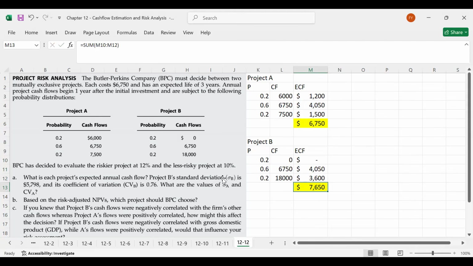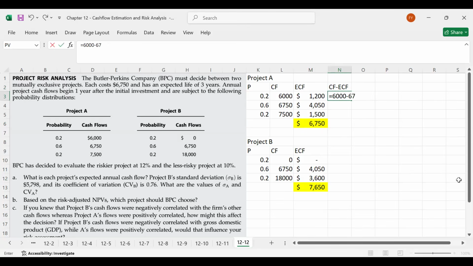The second requirement is standard deviation. So for standard deviation, we need further calculation, which is the cash flows minus expected cash flows. Here cash flows are, in the first case, 6000, minus the expected cash flows, which is 6750.